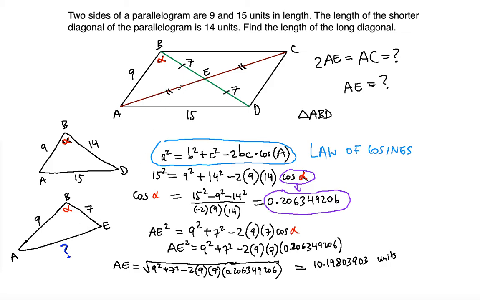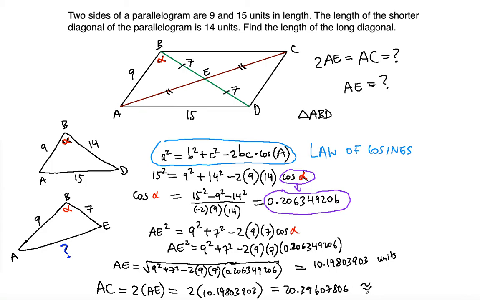Now, if we know the length of AE, we can find the length of AC. The longest diagonal is AC. AC is twice AE, as noted at the top, which is twice 10.19803903, equal to 20.39607806.